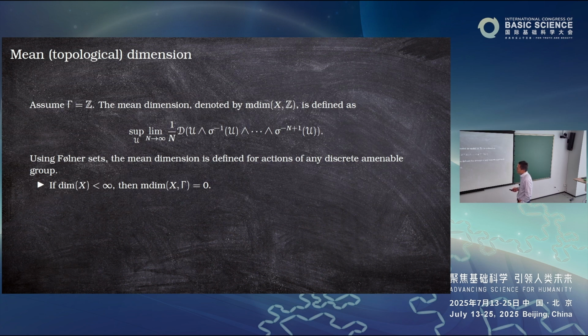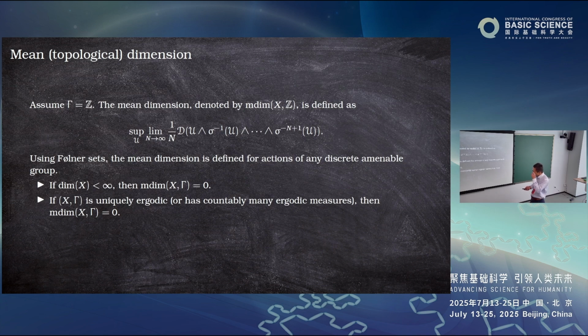If you start with a finite dimensional space, the mean dimension is always 0. The reason is that this common refinement, yes, it might be huge, but it's always an open cover of X. If the dimension of X is finite, then this D is uniformly bounded. If n goes to infinity, of course, it goes to 0.